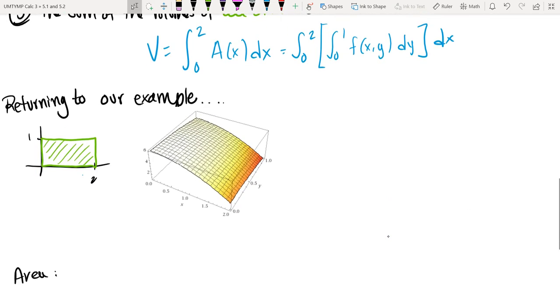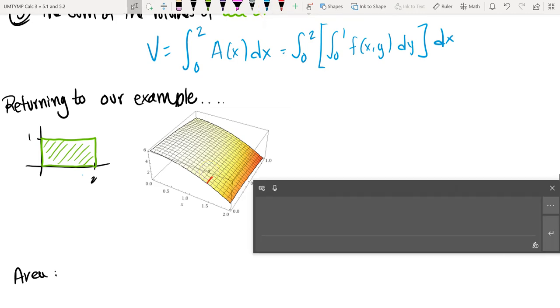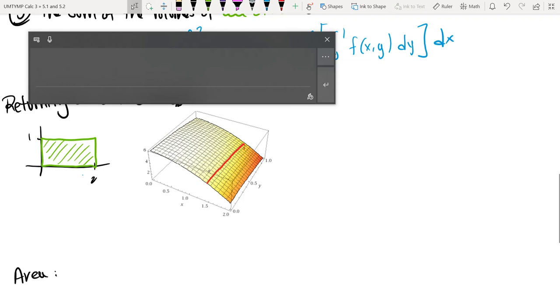Let's go ahead and do that with our example. Again, if I think of a slice, I'll draw that here again. Here's my slice, and then down, and then in.